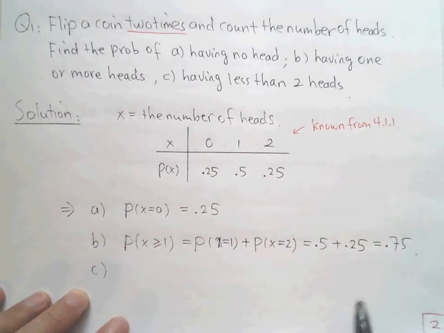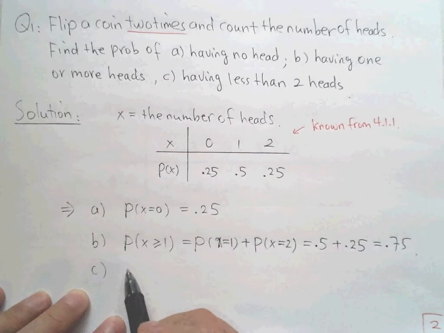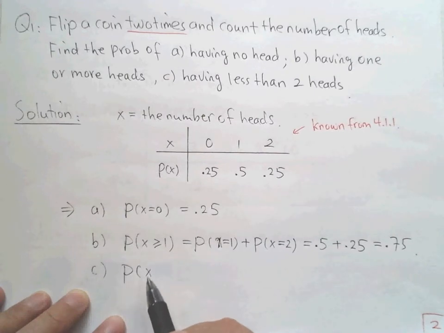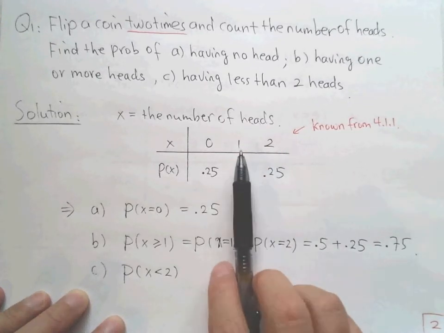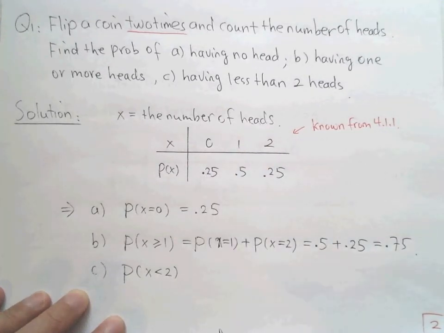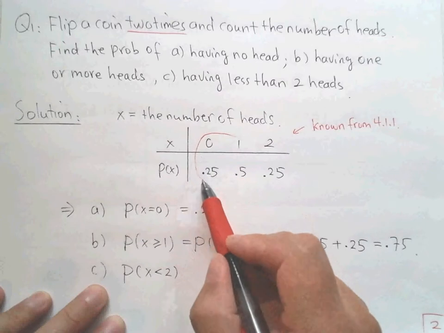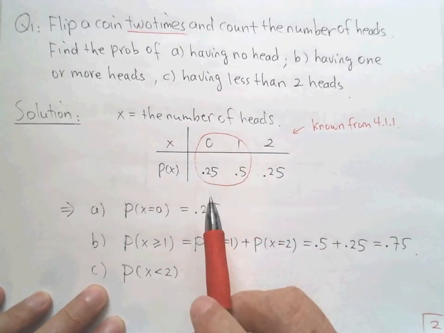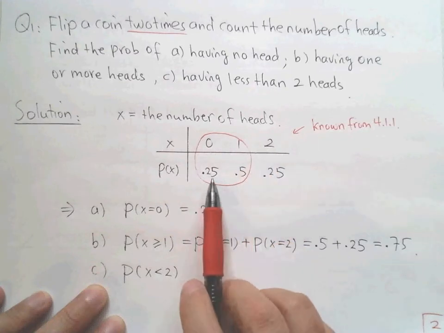The third, having less than 2. What does it mean? It is the probability of getting less than 2. 1 is less than 2, and 0 is also less than 2. I circle them together: 1 or 0, the values less than 2, and the corresponding probabilities are here.